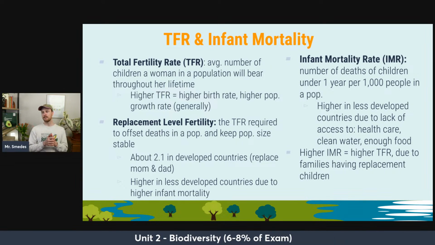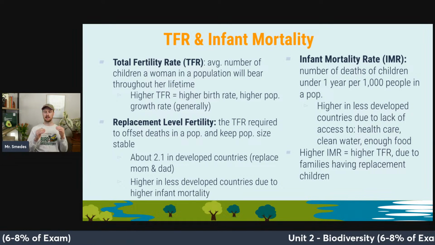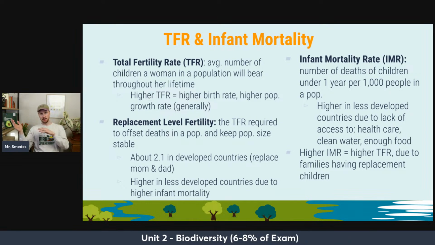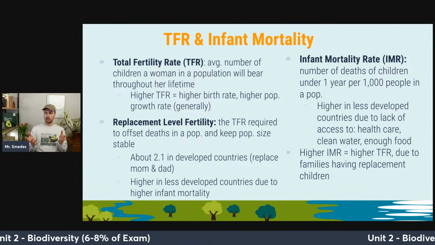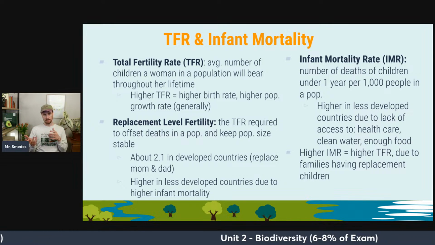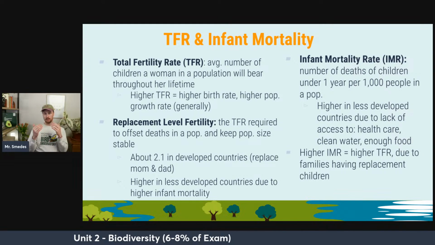The other vocab term that goes with this that a lot of students forget is replacement level fertility. That just means if we wanted a population to stay totally stable, not really grow or shrink, how many children would need to be born? In a highly developed country with quality healthcare access, that number is about 2.1.